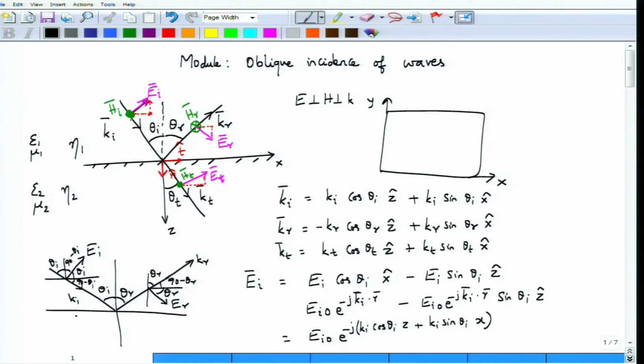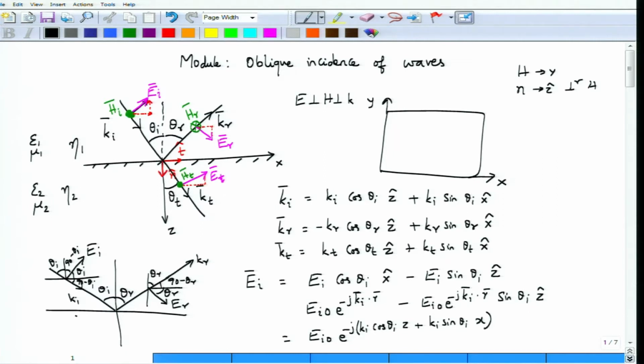H is in the direction of y, it could be plus y or minus y, but H is along y, and the interface is along the z direction, right. If you look at this diagram very closely, H is along y, and the interface normal N, which is along z, is perpendicular to H. Thus there is no component of the H field in the x and z planes.